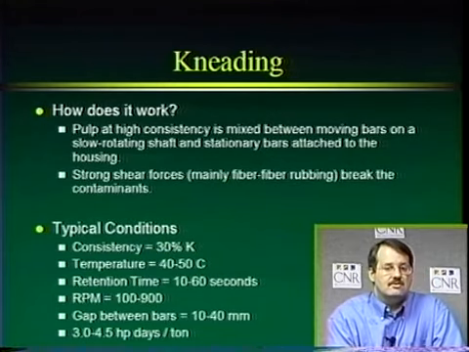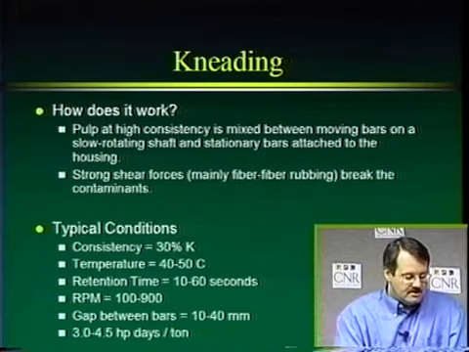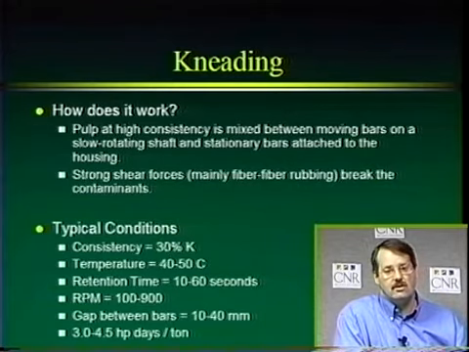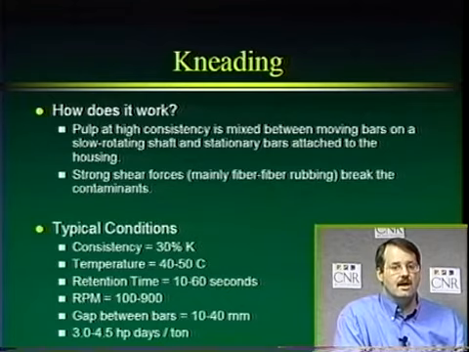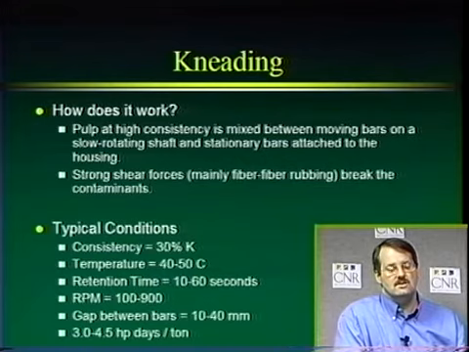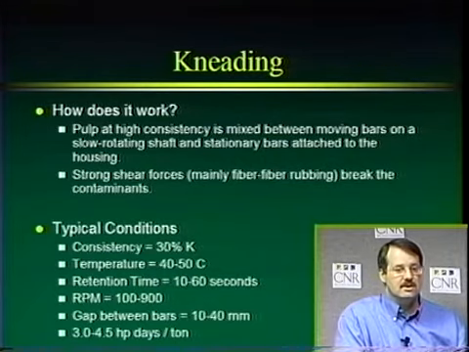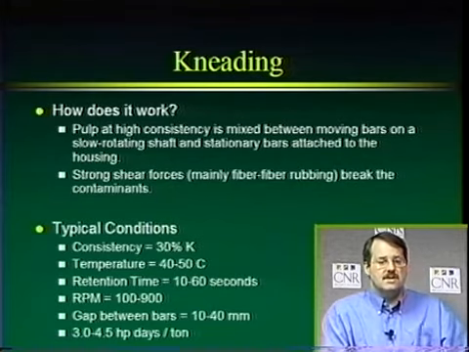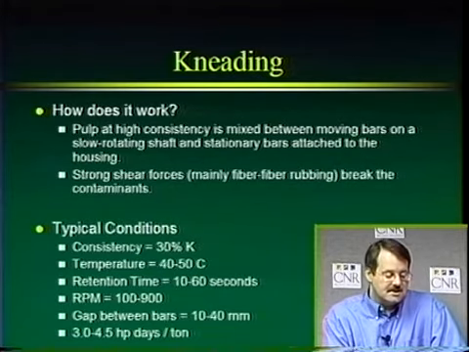It's more fiber-fiber rubbing. Okay, so the typical conditions: we're looking at consistencies, again, around 30%. Temperatures, in many cases, we don't use as high a temperature, so 40 to 50 degrees Celsius is typical for kneading. Now the retention time is 10 to 60 seconds.